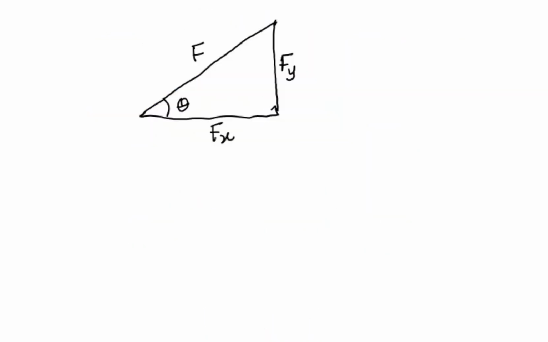The third thing we talked about is that we use sine for the y component and cosine for the x component. And then you might be wondering why. Now it is simple stuff. Fy is facing this angle, and the side facing the angle is referred to as the opposite. Then the longest side is referred to as the hypotenuse. Then the other side left is the adjacent.